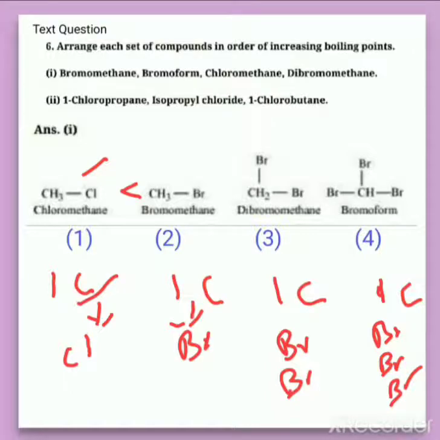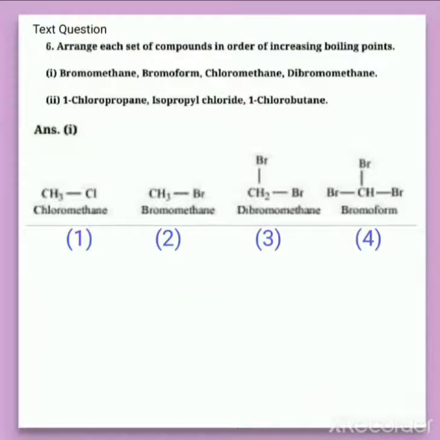Now let us compare the second, third and fourth case. In the second, third and fourth case, all of these have a single carbon atom. But when you look at them, Br is present in all. In the first case only one Br, here two Brs are there and here three Brs are there.